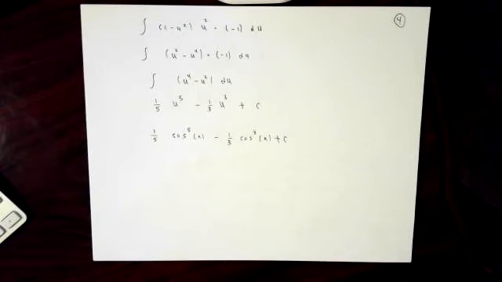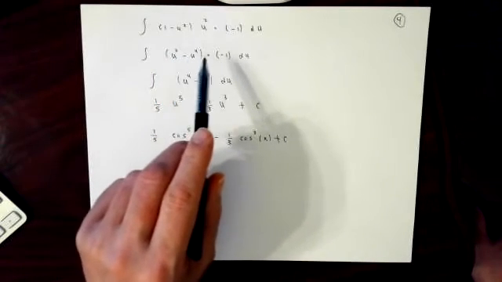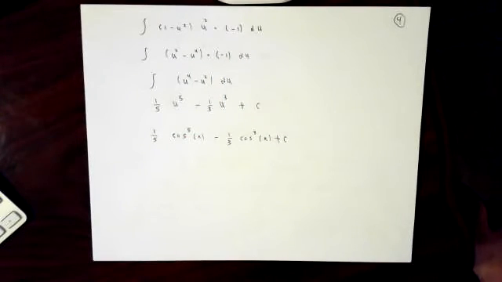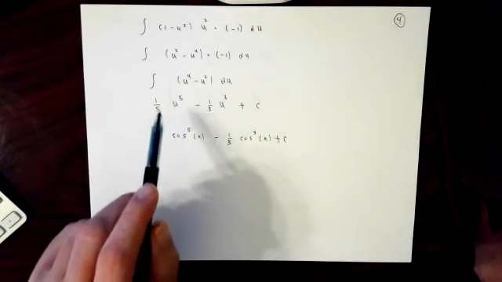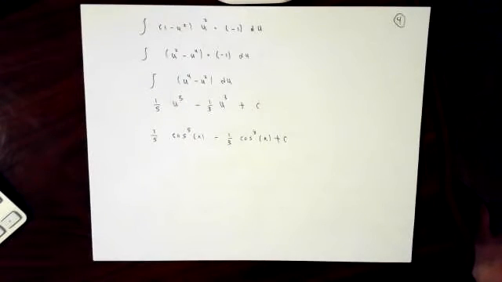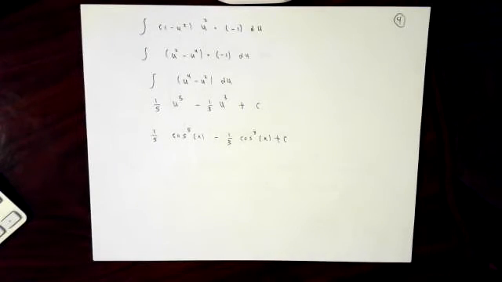If I rewrite my integral in terms of these new quantities, it becomes easy. It's the integral of 1 minus u squared times negative 1 du. After you do a little algebra to simplify the thing, it's the integral of u to the 4th power minus u squared with respect to u, which is a polynomial, which is easy to integrate. Then you put back in that u was cosine x, and your antiderivative is given by this formula.